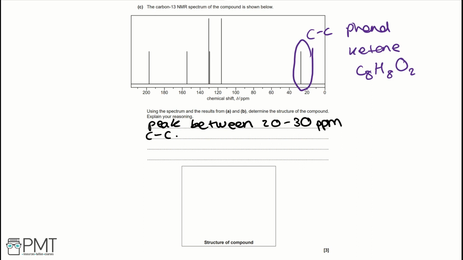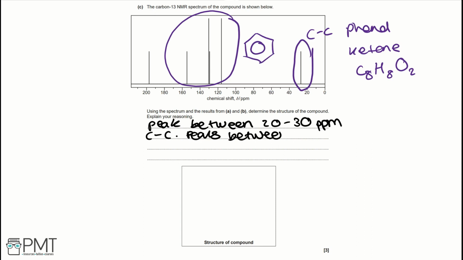Then, moving left, we've got these 4 peaks in the middle of the spectrum. Well, they signify an aromatic. So, peaks between, again stating a range, this time 110 and 160 ppm are for an aromatic compound, which we know is going to be a phenol.